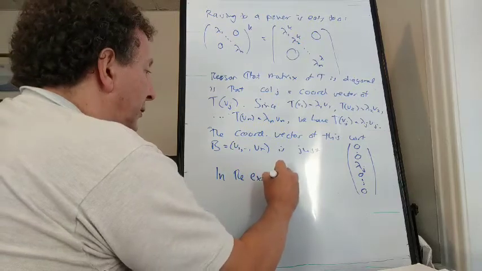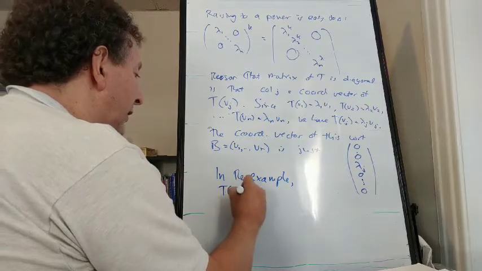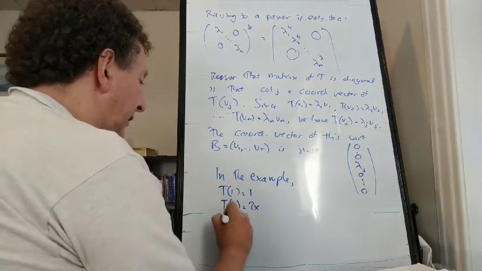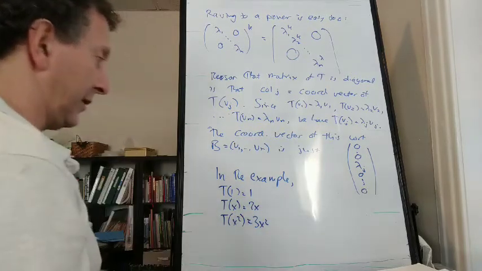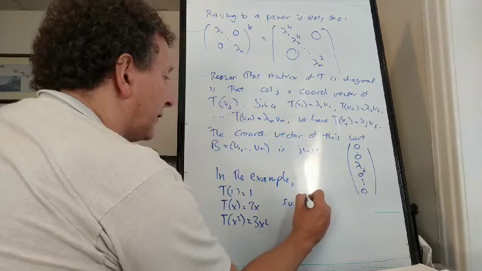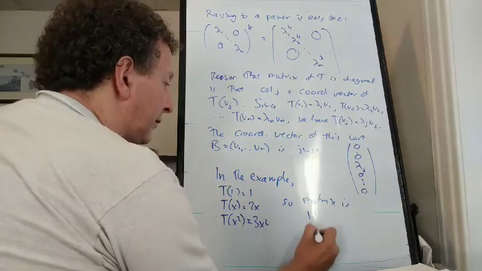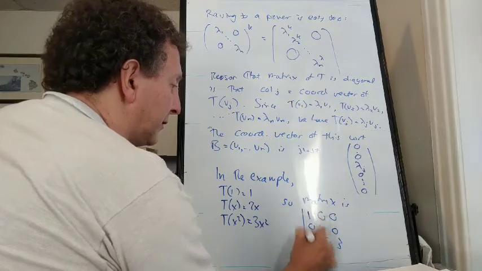Now in the example we did before, T of 1 is equal to 1, T of x is equal to 2x, and T of x squared equals 3x squared. So the matrix is 1, 0, 0, 0, 2, 0, 0, 0, 3.